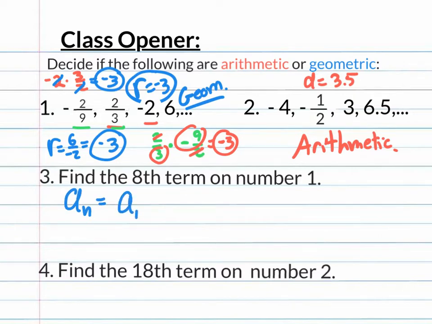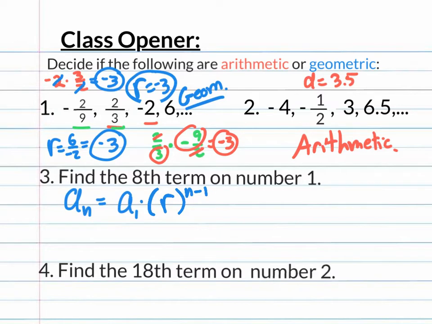But since on a geometric sequence you're multiplying, right here from -2 to get to 6, you multiply by -3. You multiply by that common ratio. From here to here, you multiply by the common ratio -3. So since on geometric sequences we are multiplying, you're going to need a multiplication of that common ratio r to the power of n-1. I hope we memorize that. You need to know that.